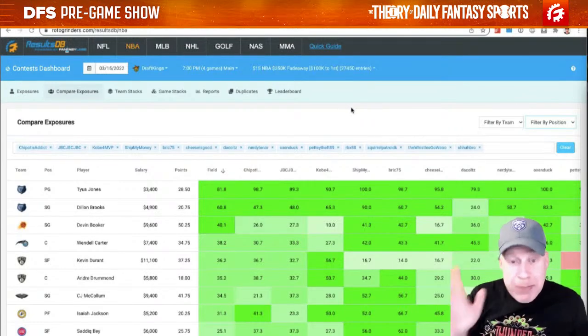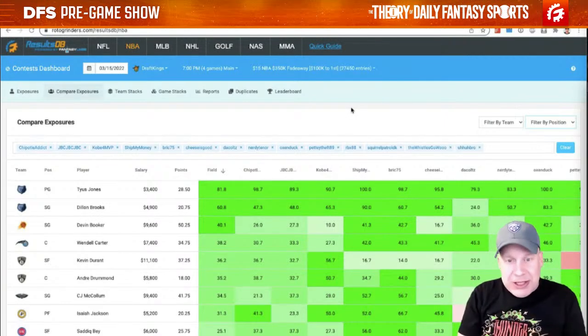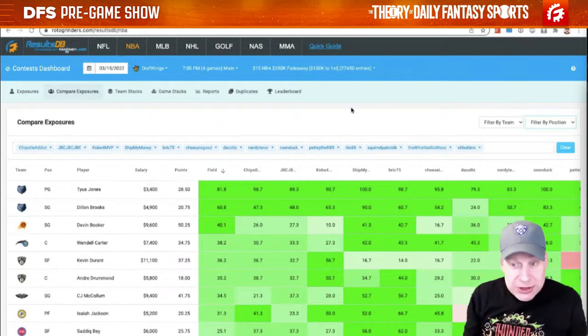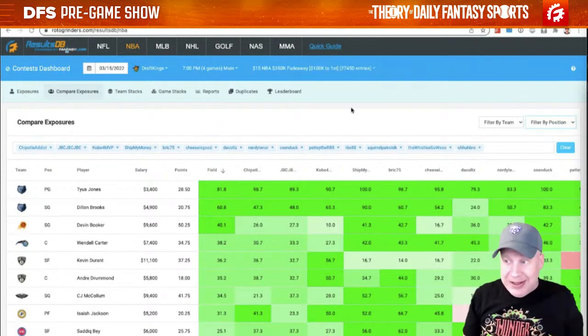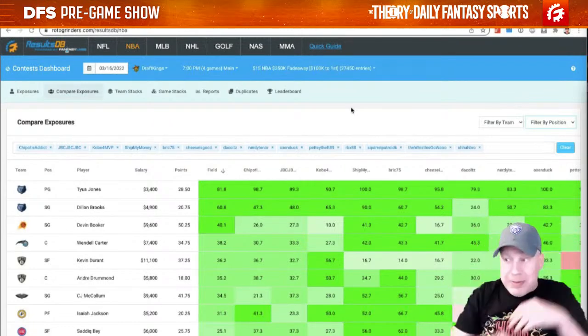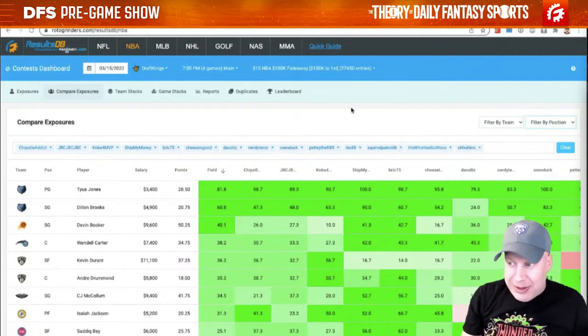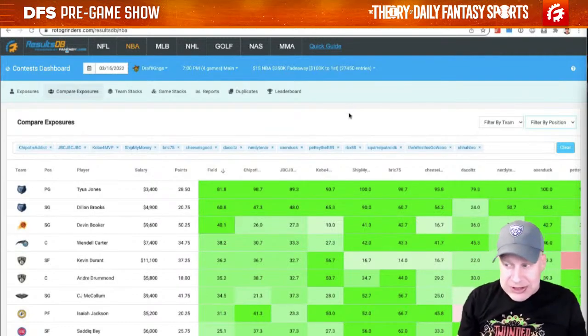They're better than none. If you're using some type of free projections, that's better than having no projections, so I don't want to downplay that. Some of these free projection sets are not the most accurate, but they're still way more accurate than trying to do it in your head.